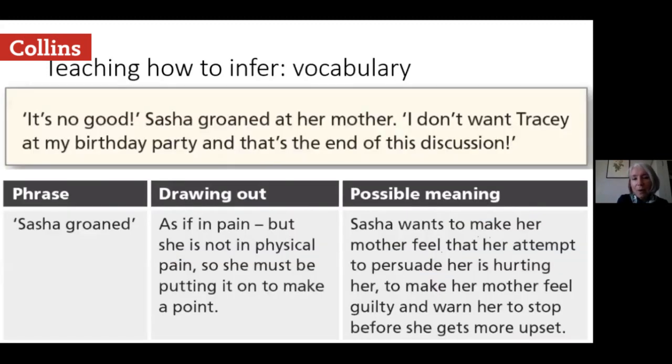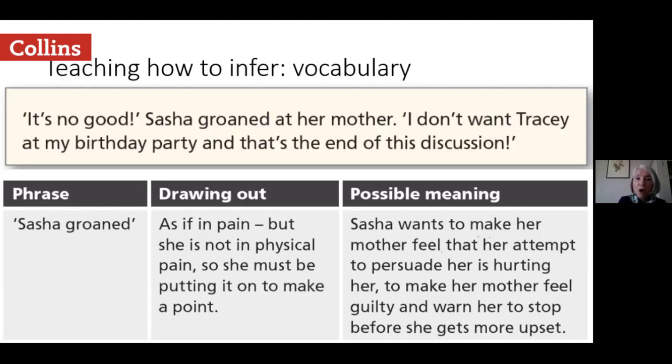Let's have a look at another one. You have to dig really deeply into the vocabulary. We'll look at another one in a minute, but look at this. This is looking at the author's use of the word groaned. Now, the author here uses groan as particular effect. He's not saying moaned. He's not saying complained.